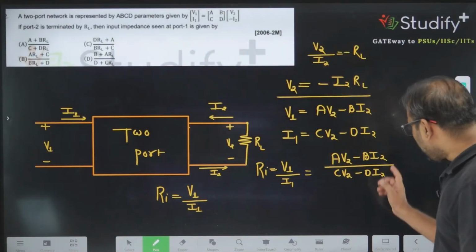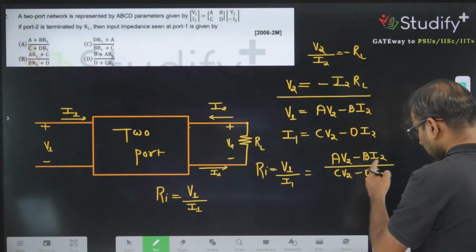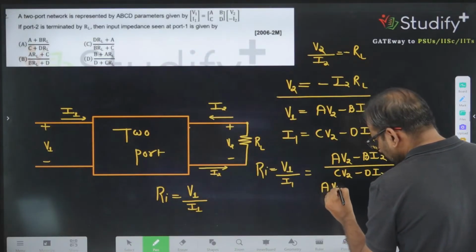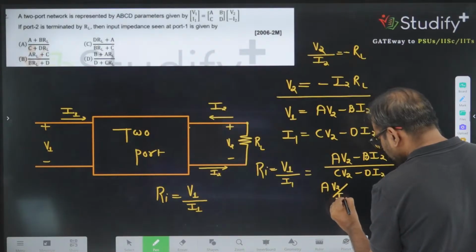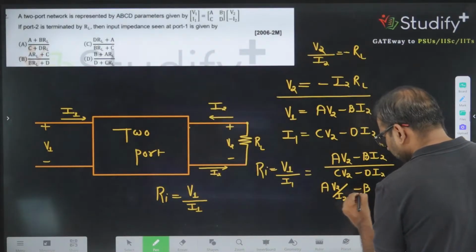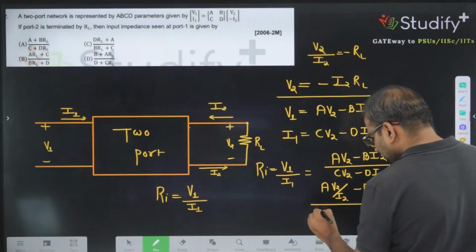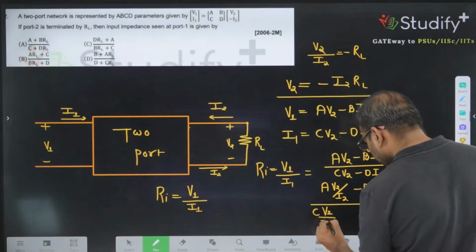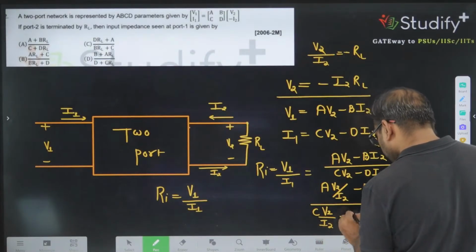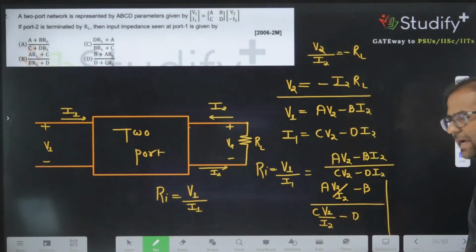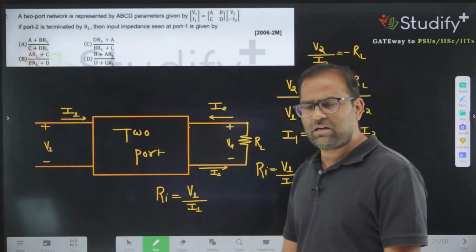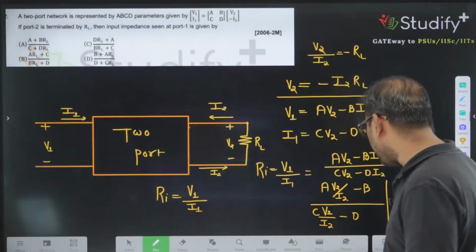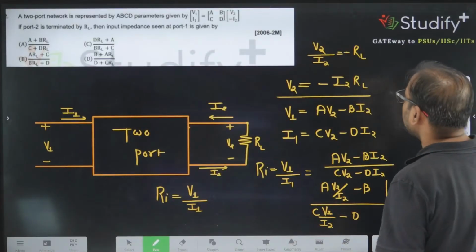So let's take I2 common from numerator and denominator. So if I take I2 common, this value is A times of V2 divided by I2 minus B divided by C times of V2 divided by I2 minus D. Correct? I2 has been taken common and cancelled from numerator and denominator. Now V2 by I2 ratio is minus RL.